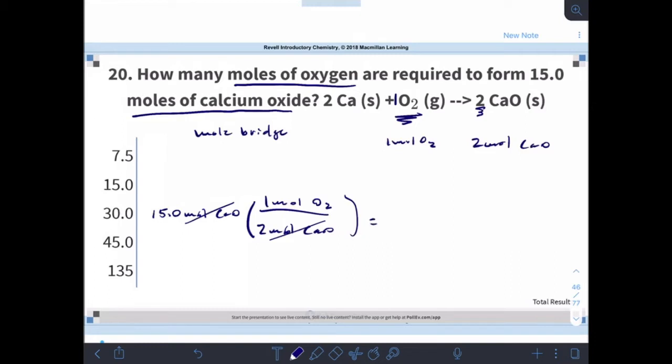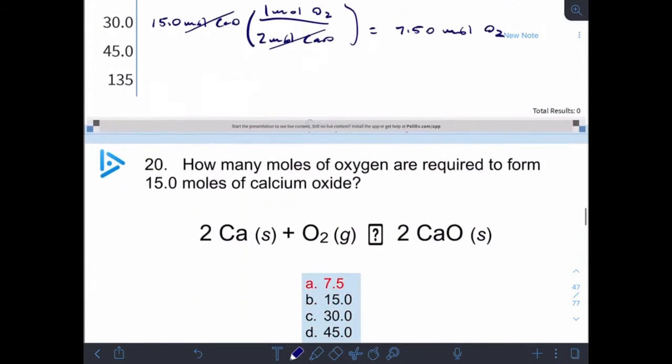We'll find that we have 7.50 moles of O2 needed to make 15 moles of calcium oxide. So 7.5. It really should be 7.50 for sig figs purposes, but that's what we have.